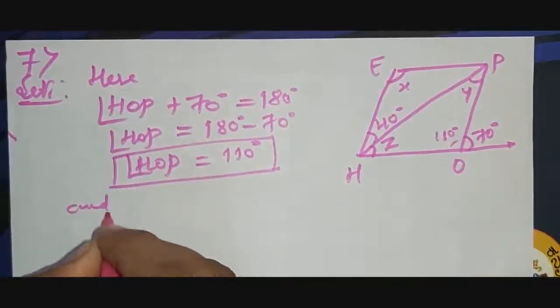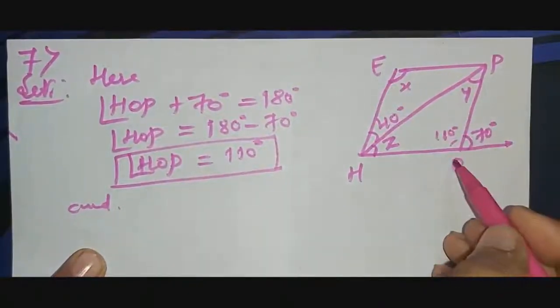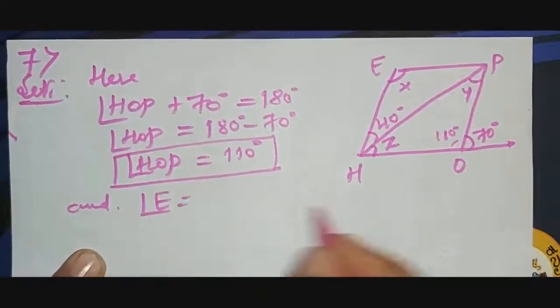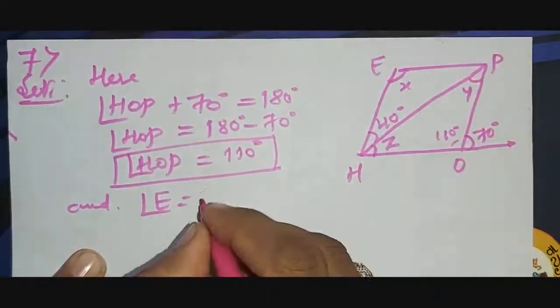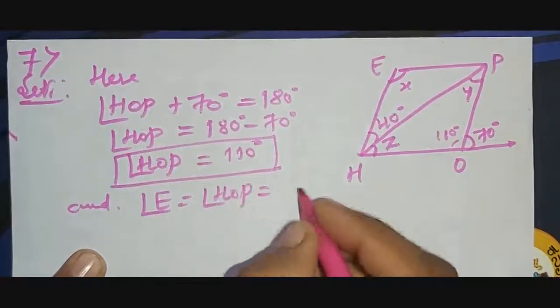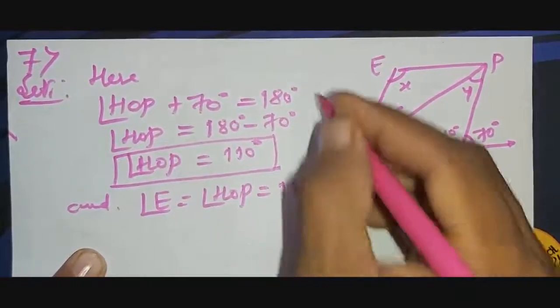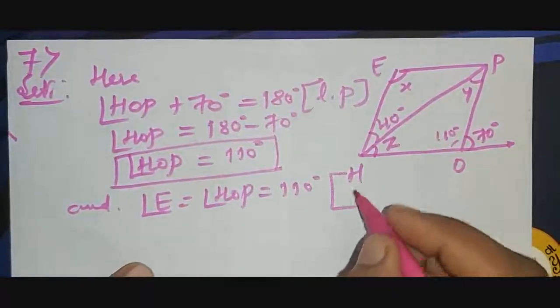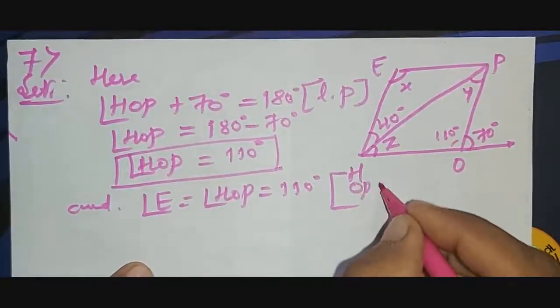And here angle E is equal to angle HOP. Angle HOP is equal to 110 degrees. This I will write as a linear pair, and this I will write as opposite angles.